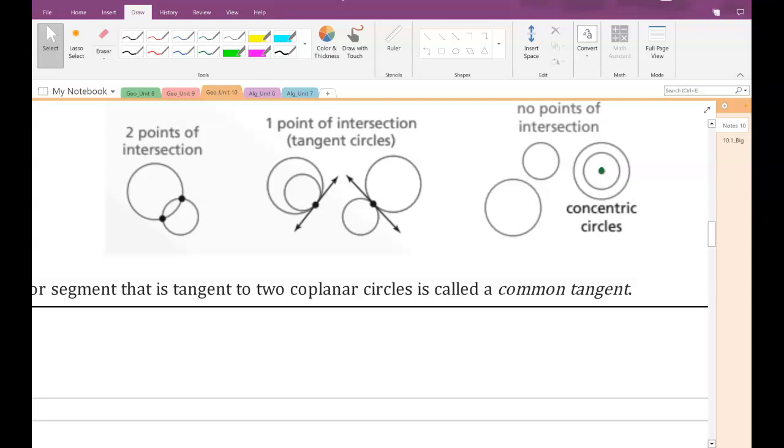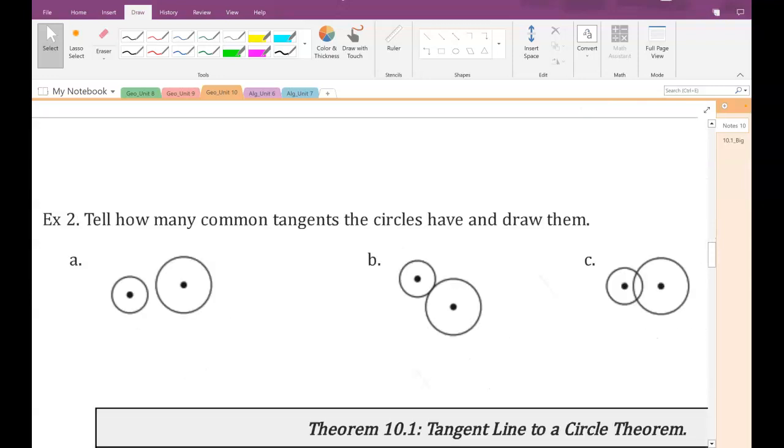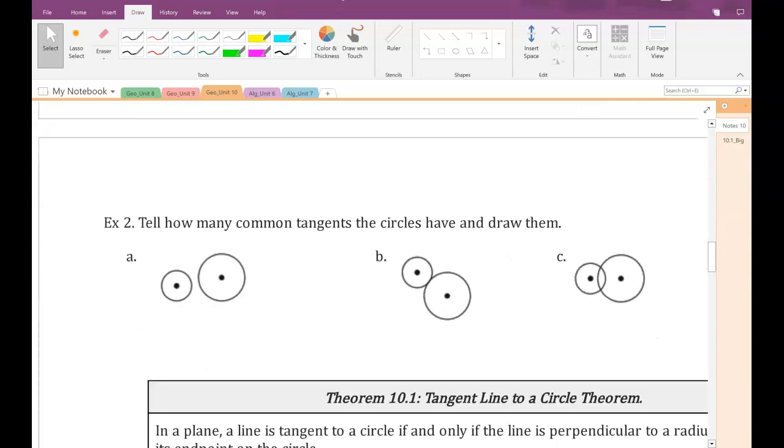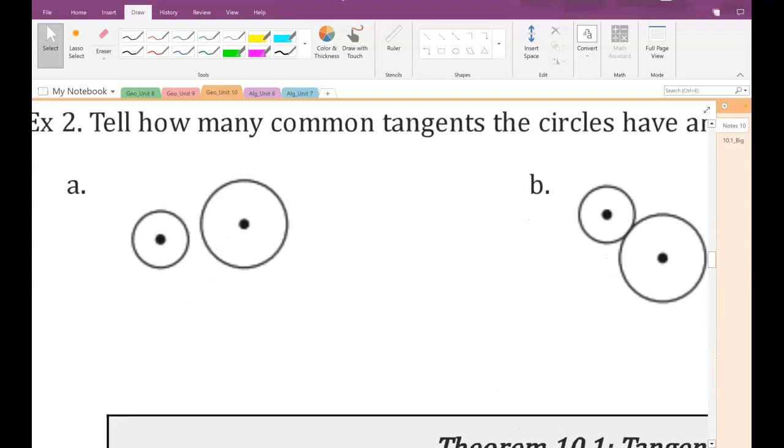All right, if you flip to the back here, we're going to tell how many common tangents these circles have. We're going to draw them all. To make a common tangent, you're trying to draw lines that only intersect each of these circles once. It kind of just touches the edge, but it is intersecting.